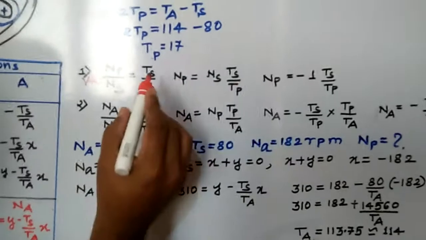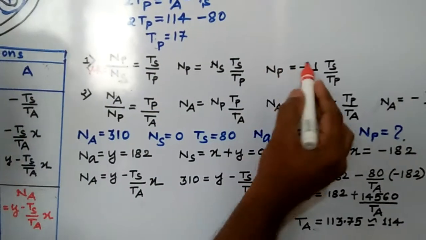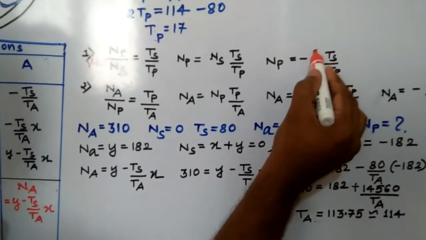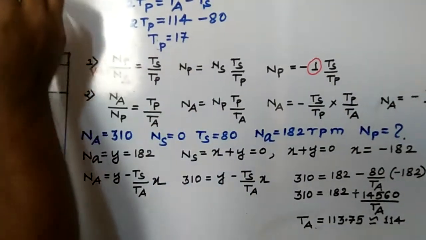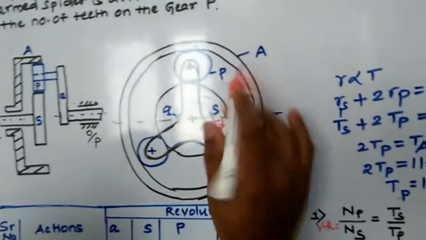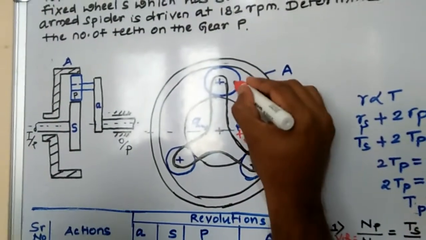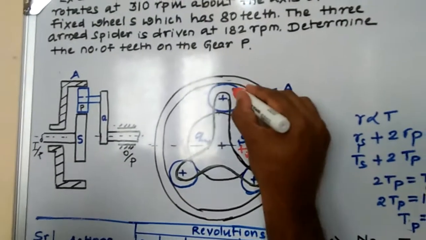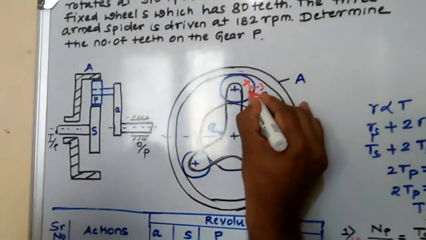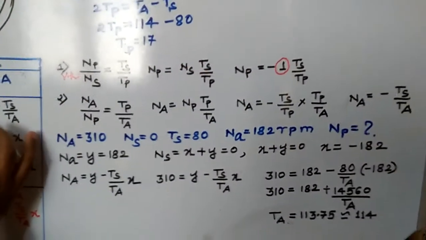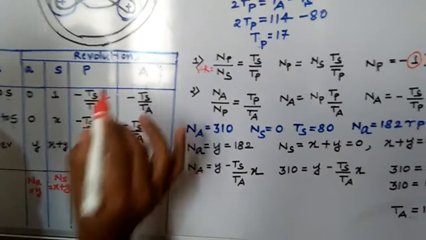Since one revolution is given for the sun gear, I take ns as 1. Negative sign, because if you look at the figure, the sun gear is in the positive direction, and the planet comes in the anti-clockwise direction, so you have to take it as negative. I hope you got it. That's why I have taken the negative sign, and you have to write it here.